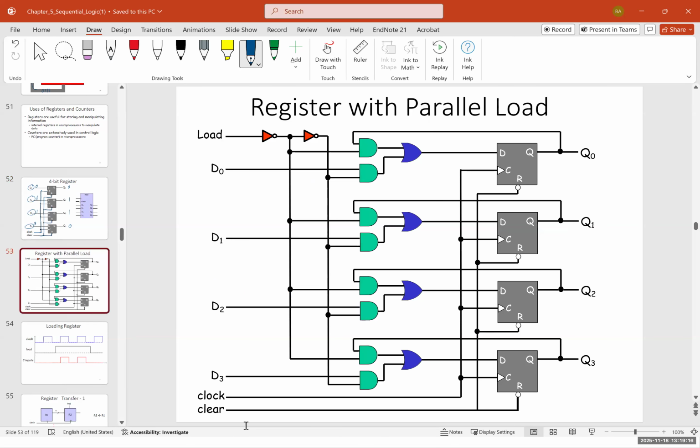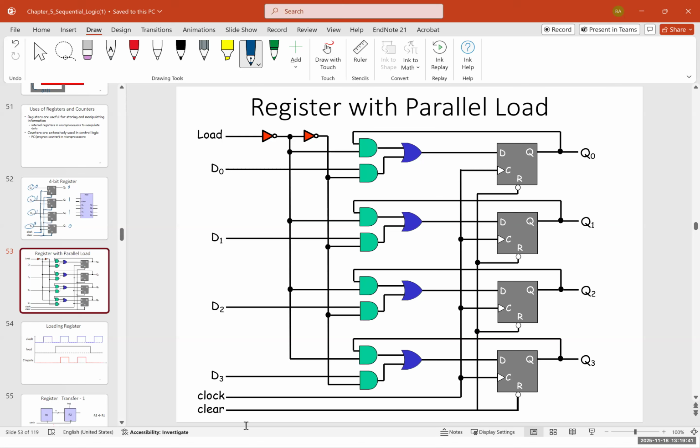Now, we can also modify this with some combinational circuit and create a register with parallel load, meaning that we can feed the data to them all at once. Again, this is a 4-bit register, so a little bit more complicated than the previous one.